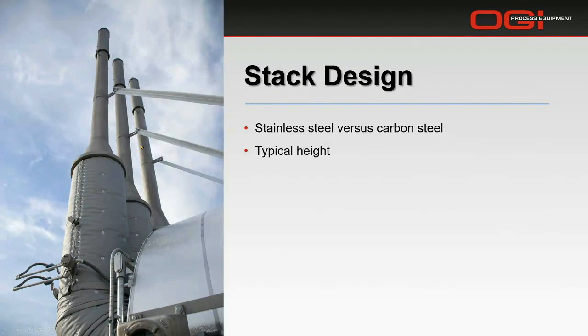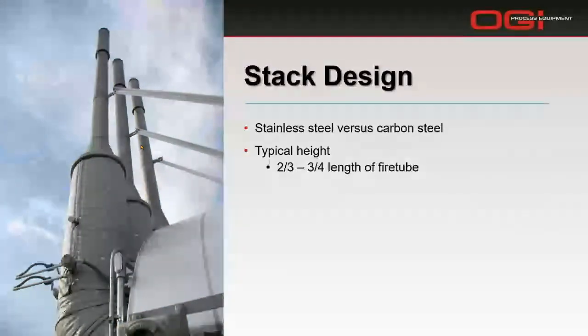And for sizing your stacks, the typical rule of thumb is it should be between 2/3 to 3/4 the length of a fire tube. The reason for that is specifically for drafting. If your stack is too tall, then warmer air exiting out of the fire tube will have to travel further and draw in more cold air through the flame arrestor into the combustion chamber.